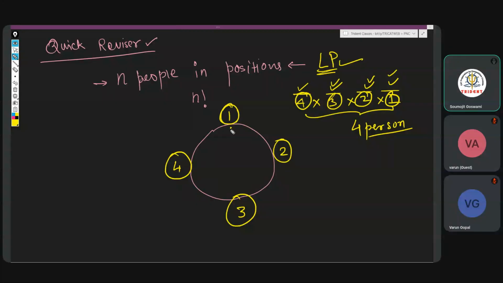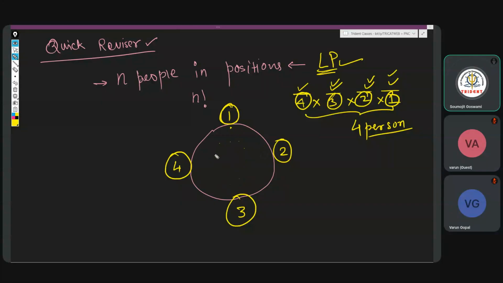For example, if the first person comes and you make him sit at chair number 1, there is one chair right across him, one chair to the right, one to the left. You understand that my right is his left. So one to the left, one to the right, and one straight across.